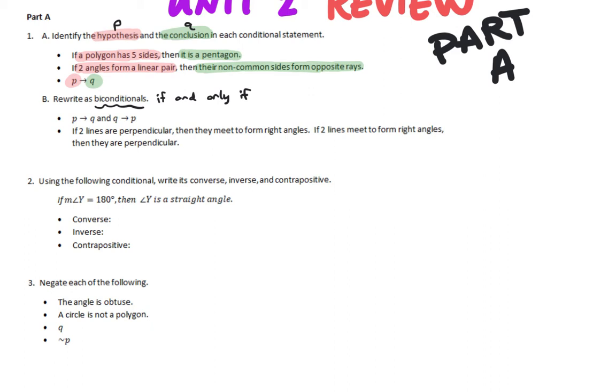We have our good old conditional statement, P then Q, and then our converse, Q then P. If both of those are true, we can write a good definition using a biconditional. Symbolically, that looks like P with an arrow going both ways, Q, because the statement can be true going both ways.